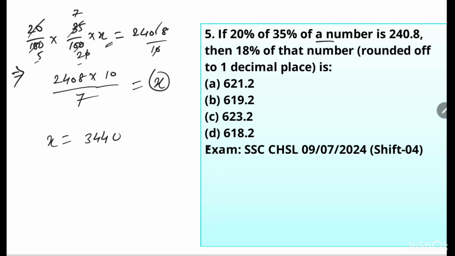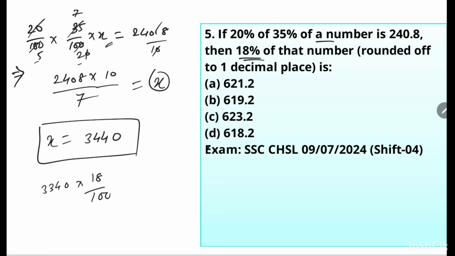But the work is not done yet, because it is saying that we will have to find 18% of that number. So if we calculate 18% of this number, you have to multiply this and then divide by 10.